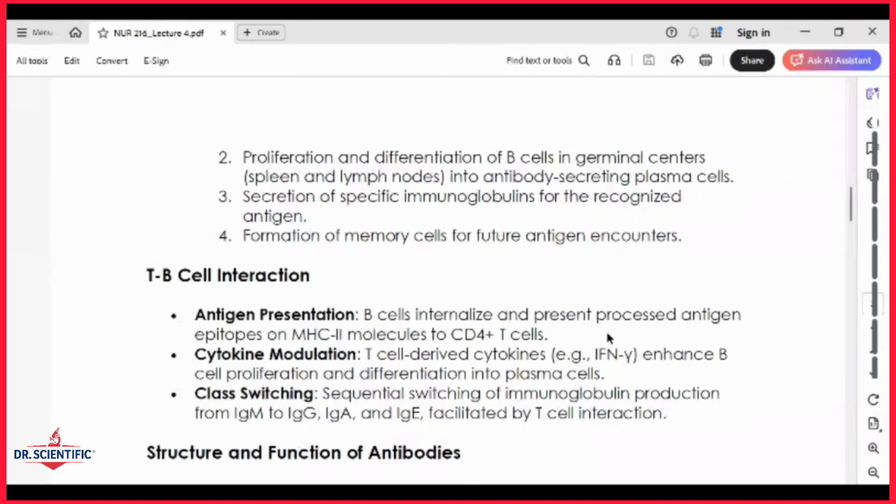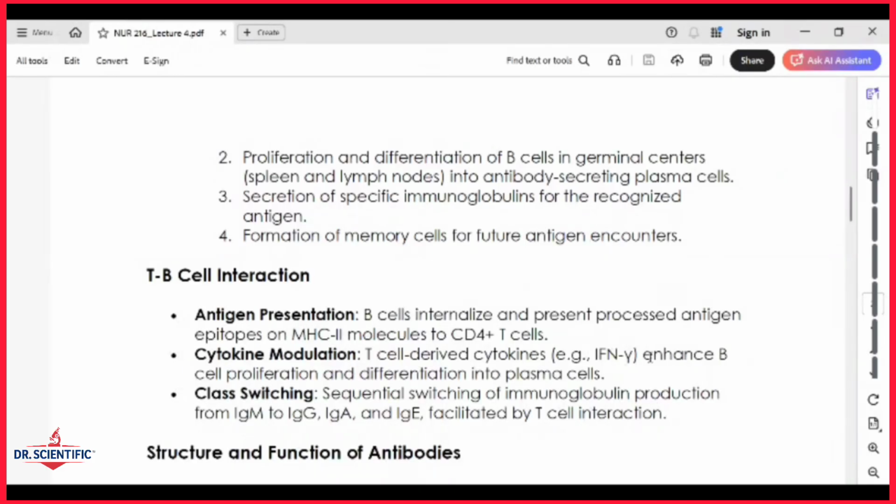For this to be enhanced, in addition to interferon gamma, interleukin 4 and interleukin 10 also play a key role in assisting cell proliferation, differentiation, and eventually antibody production.